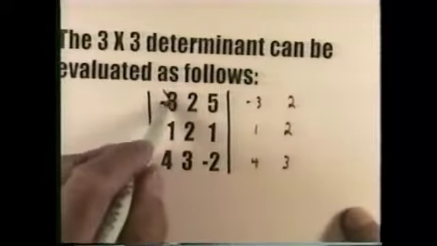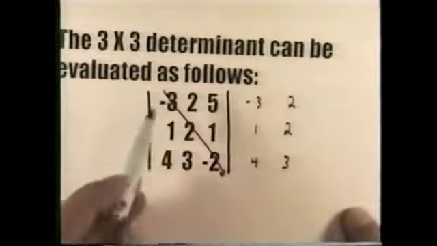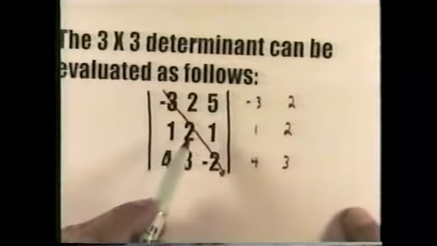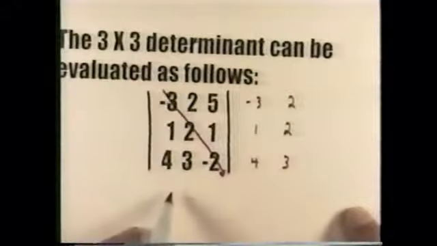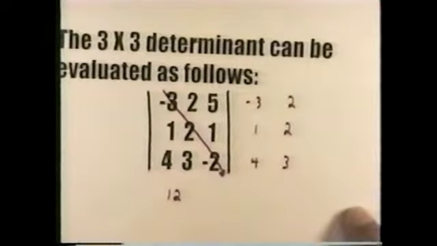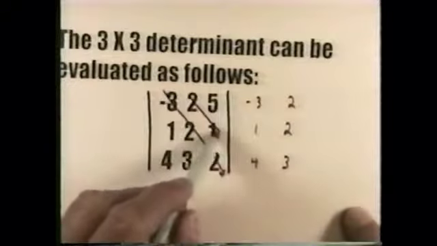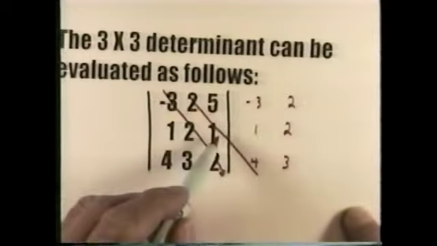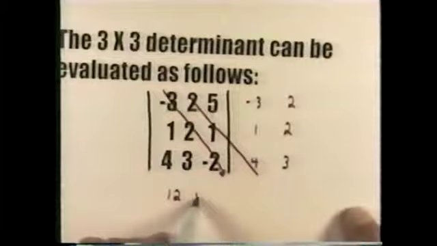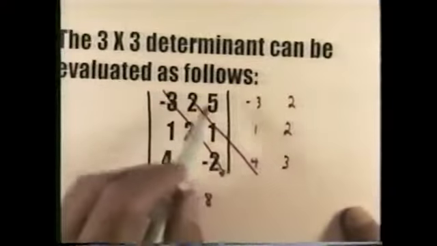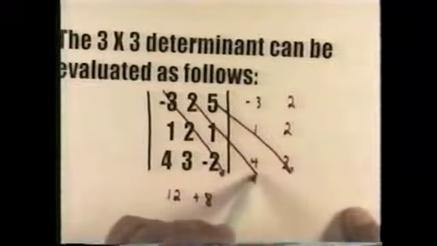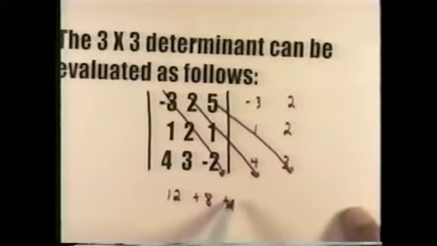Now for the 3 by 3, once you recopy the columns, you can simply multiply this way. Negative 3 times 2 is negative 6, times negative 2 is positive 12. 2 times 1 is 2, times 4 is 8. 5 times 1 is 5, times 3 is 15.